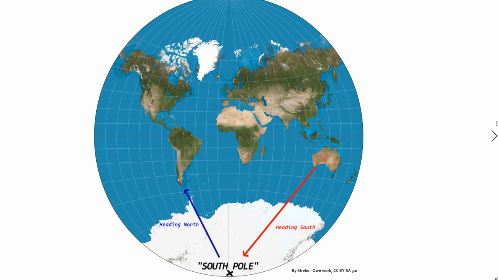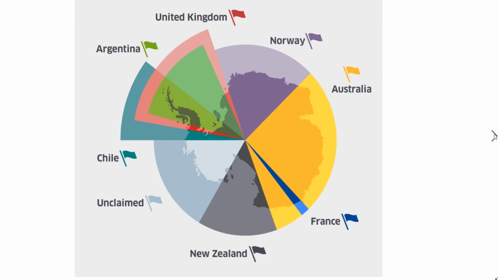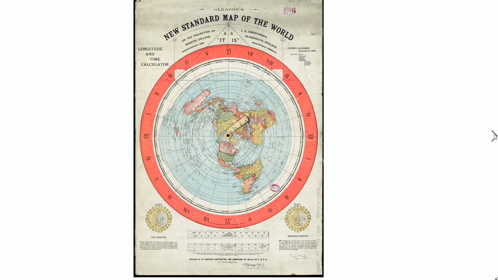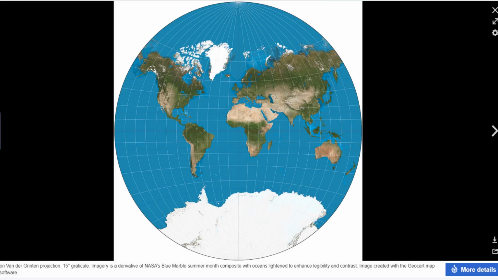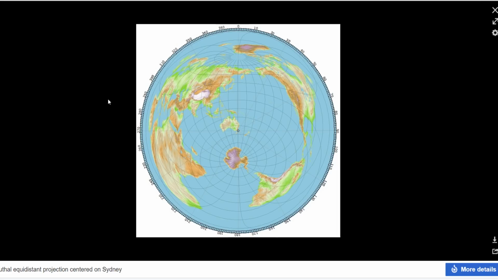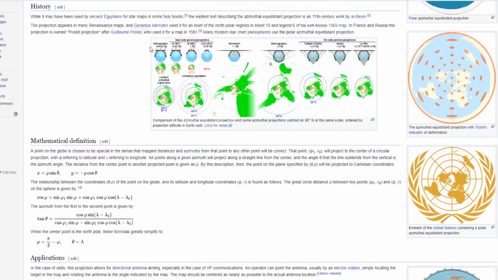So let's move on from this. We'll just go through an example of the different kinds of projections that we can have. Here is the Gleason's map, and again, it works. If we just have a look at what, for example, Wikipedia says about projections. There's a south projection.